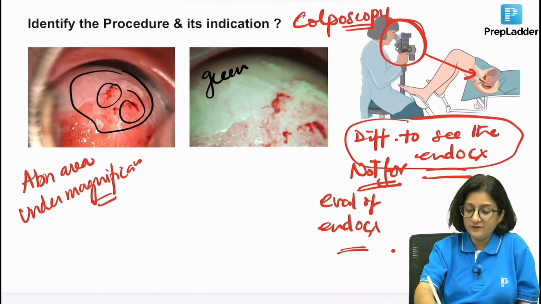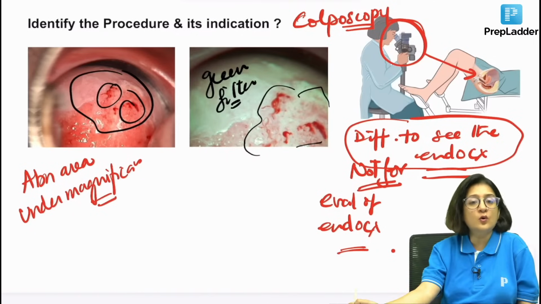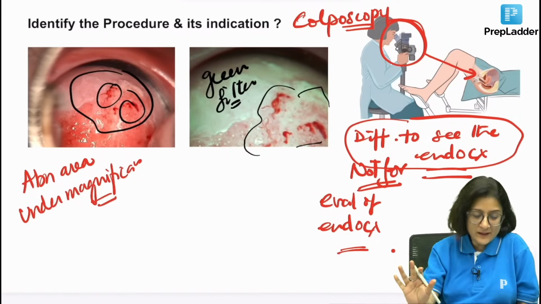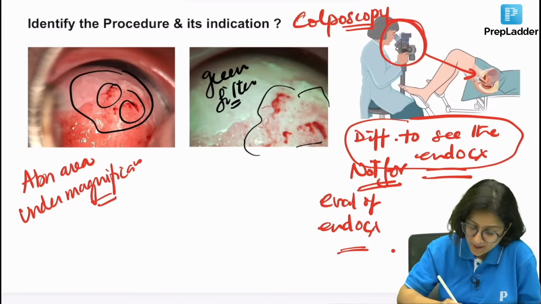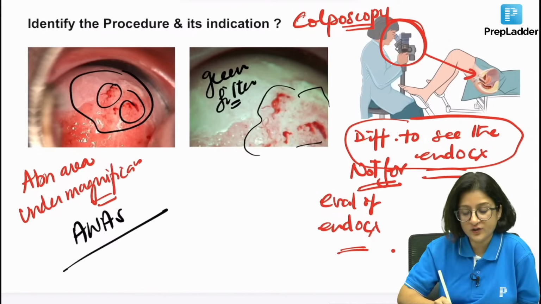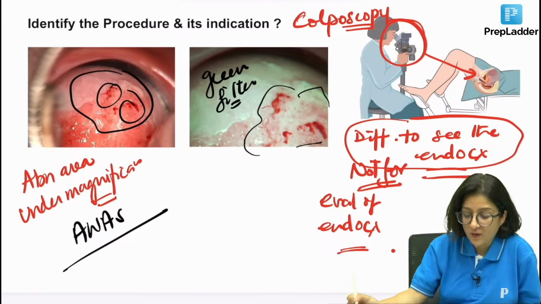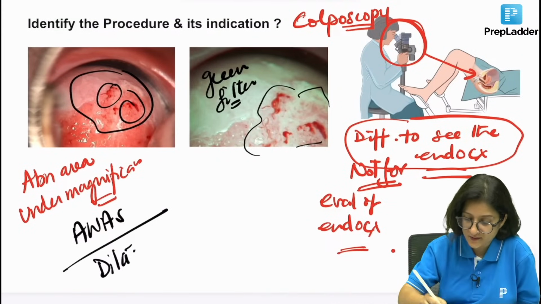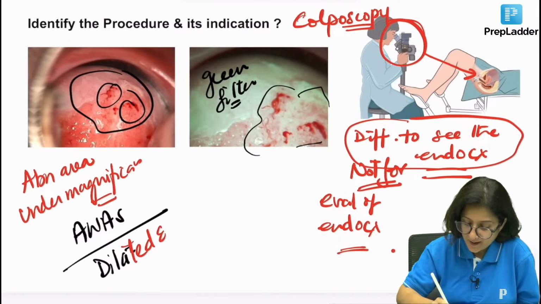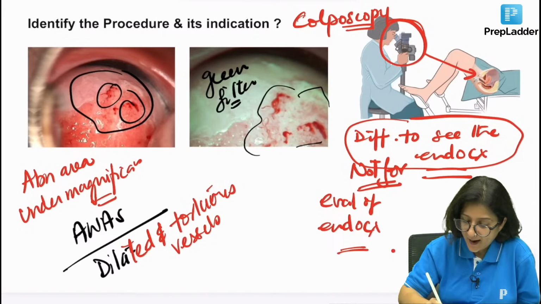There is a green filter that we can use to see them too. Remember from this image that there can be acetowhite areas which are abnormal, and on top of that we can see dilated and tortuous vessels.